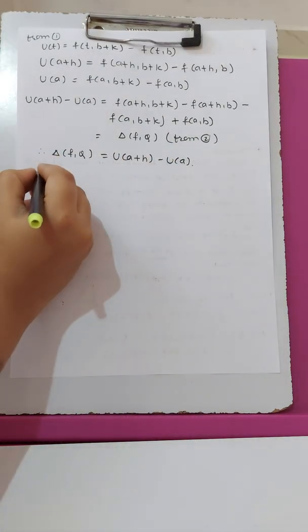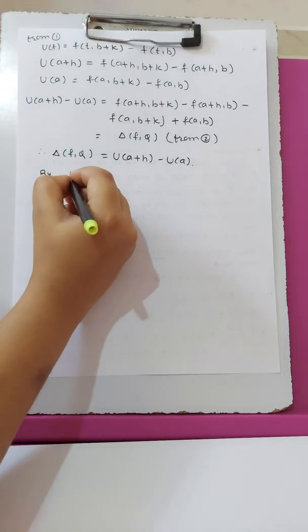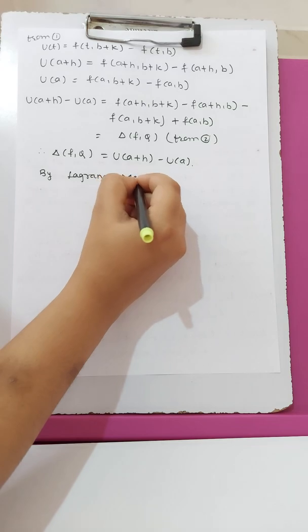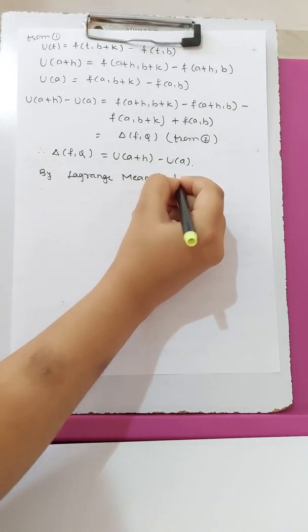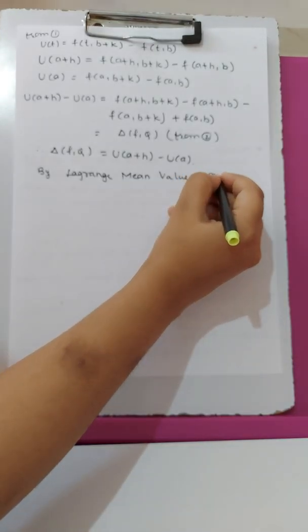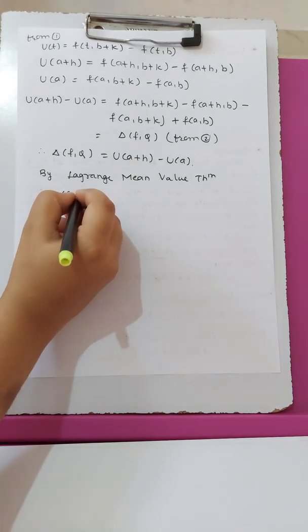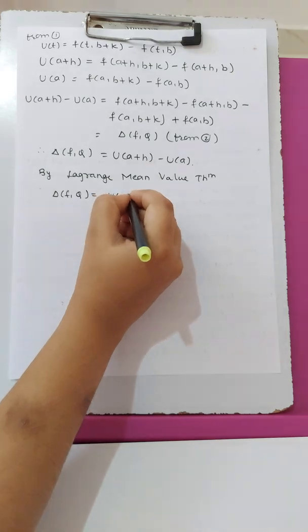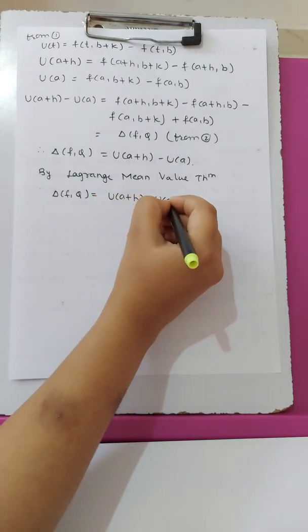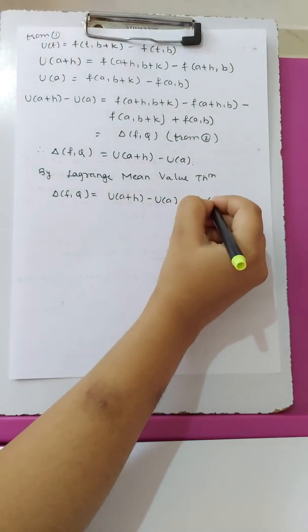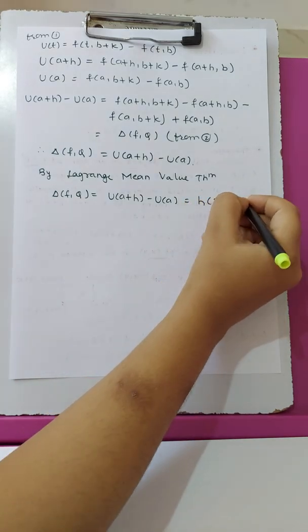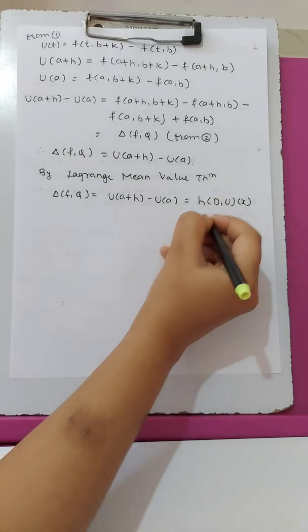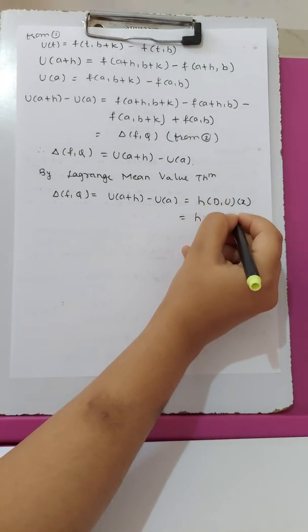So therefore by Lagrange mean value theorem, we have delta f(Q) equals u(a plus h) minus u(a) equals h times du at x, so this is h u dash of x.